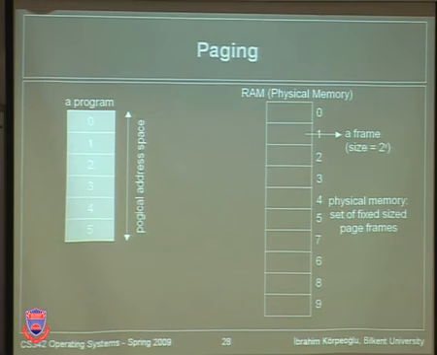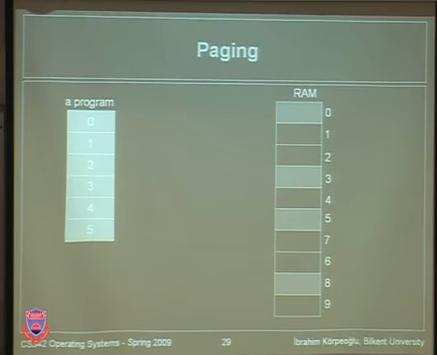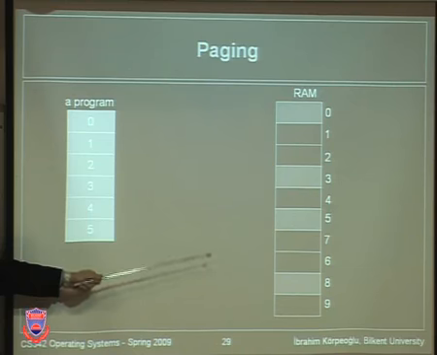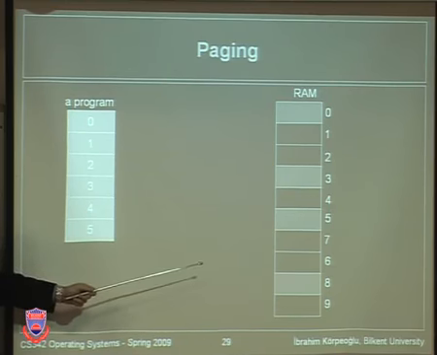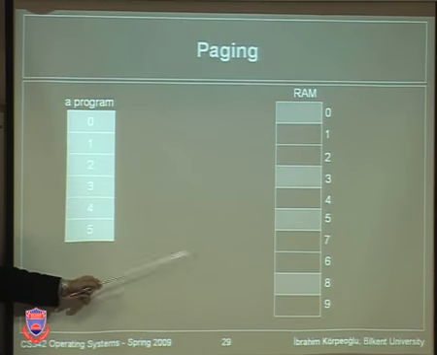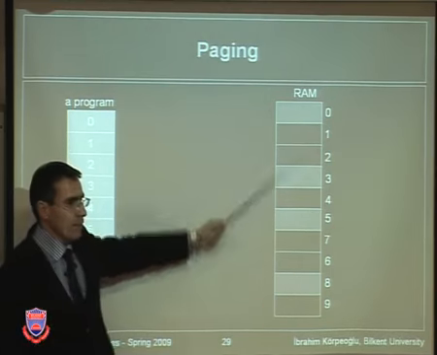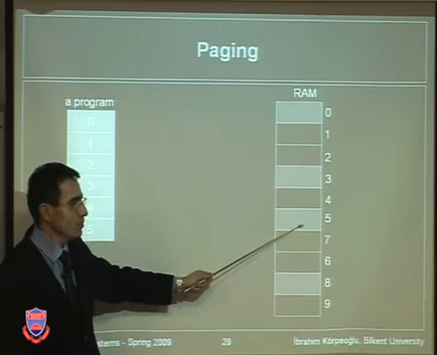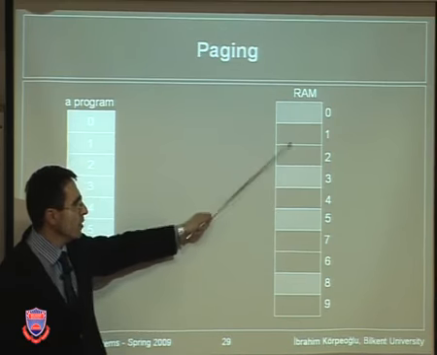And now what will happen? When that program is to be loaded into memory, the memory allocated to the program does not have to be contiguous. Assume that at the time when that program is to be loaded, this is the memory state. There are some frames that are filled up, that are not available, and there are also some frames that are available.